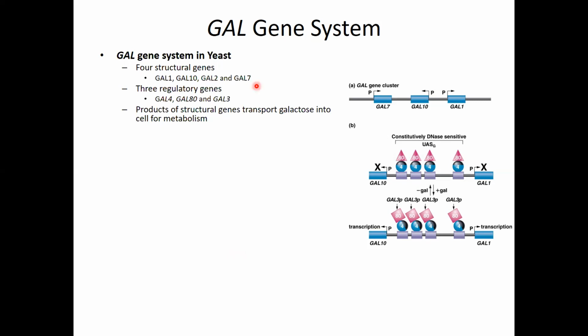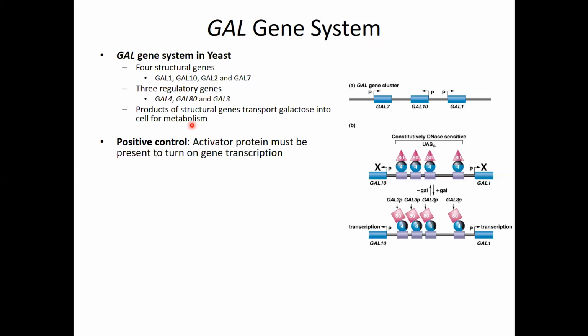And then we have 3 regulatory genes, which involve GAL4, GAL80, and GAL3. The products of the structural genes transport galactose into the cell for metabolism.